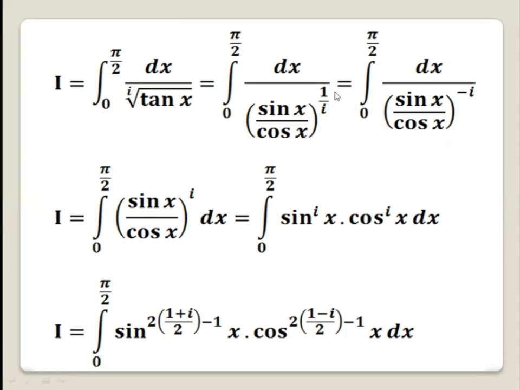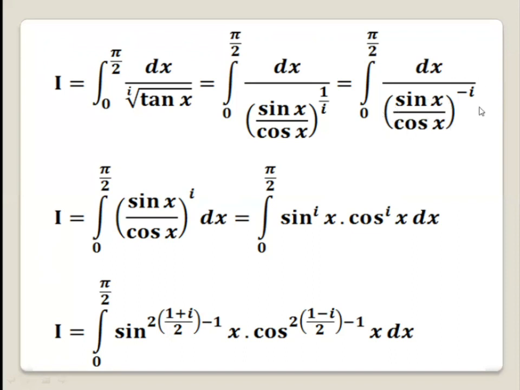Now if we multiply the numerator by i and the denominator by i, we get i over i squared, which is i over minus 1, and equals minus i. So I equals the integral from 0 to pi over 2 of dx over (sine x over cosine x) all to the power minus i.